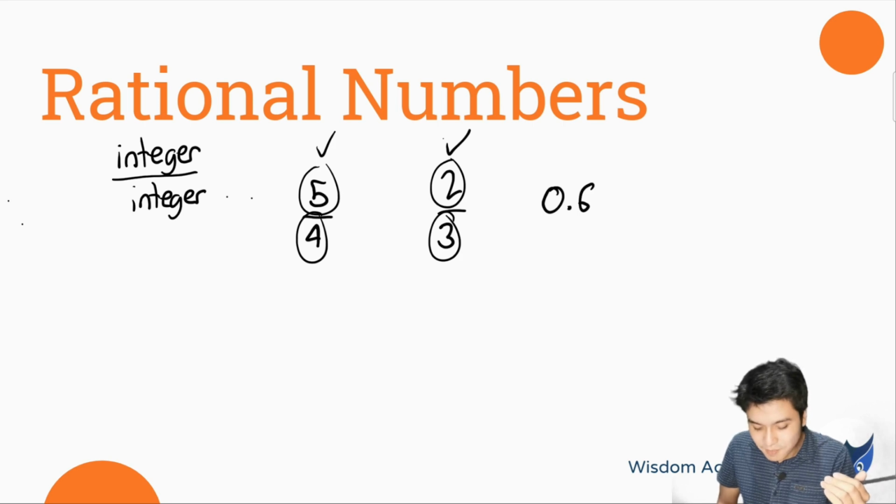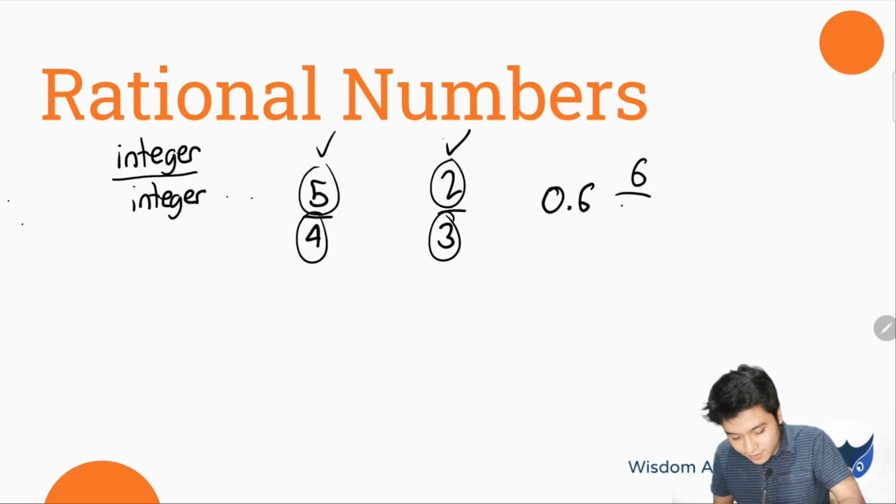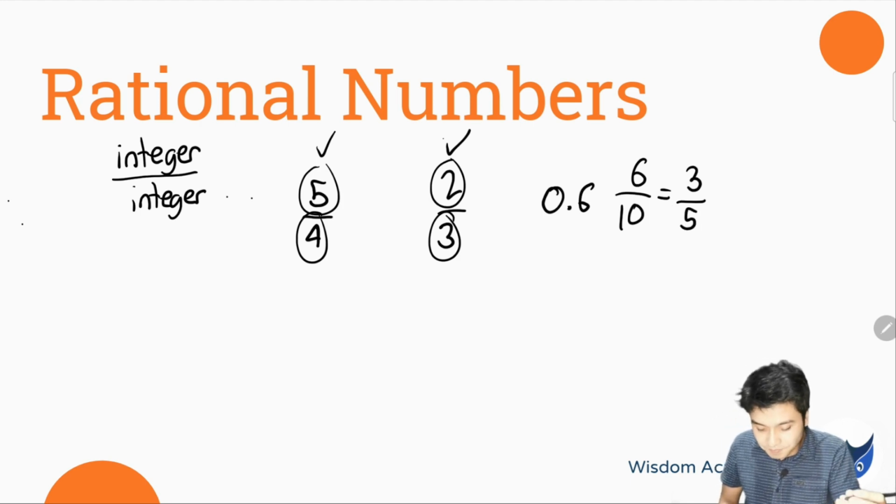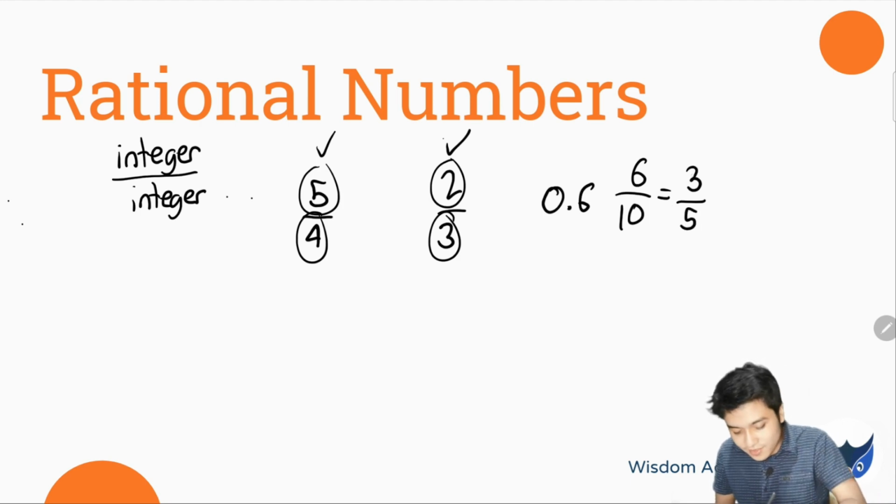So, paano yan mako-convert into fraction? Alam natin before kung paano mag-convert ng fractions nung elementary. This 0.6, pag kinonvert natin yan sa fractions, you would get 6 over 10. Or if we simplify that further, 3 over 5. So, yan. In that case, what's 3? That's an integer. 5 is also an integer.